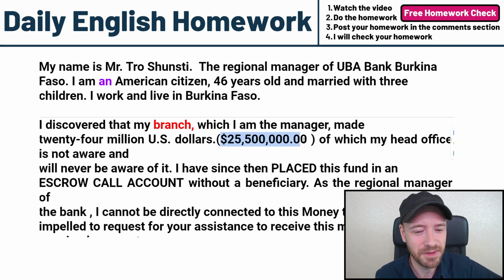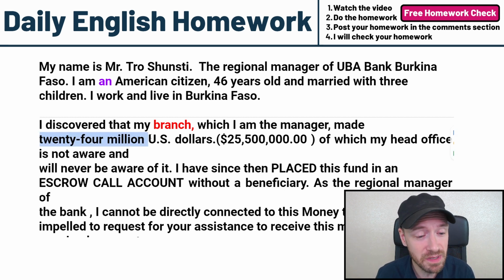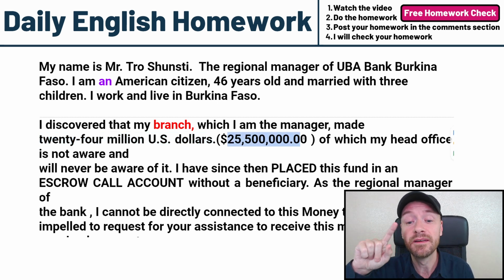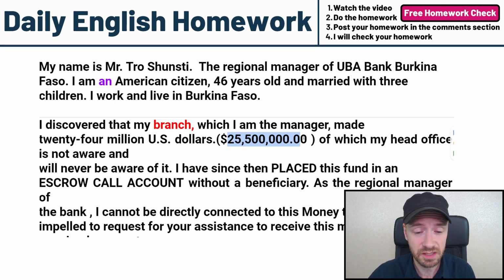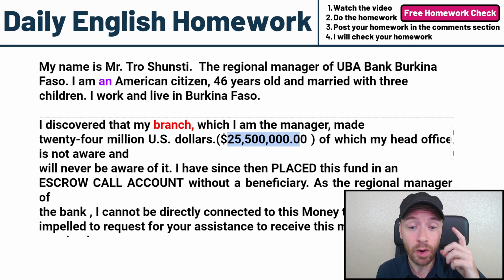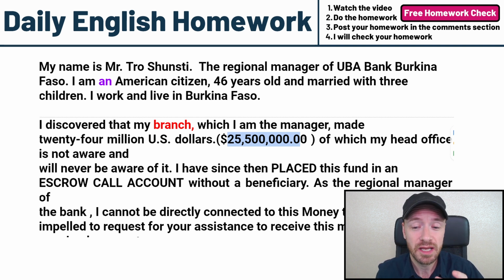Don't believe these guys. I don't know who falls for this. Who believes these emails? Anyway, he wrote 24 million US dollars, but his example is $25,500,000. The numbers don't match. He's a regional bank manager.